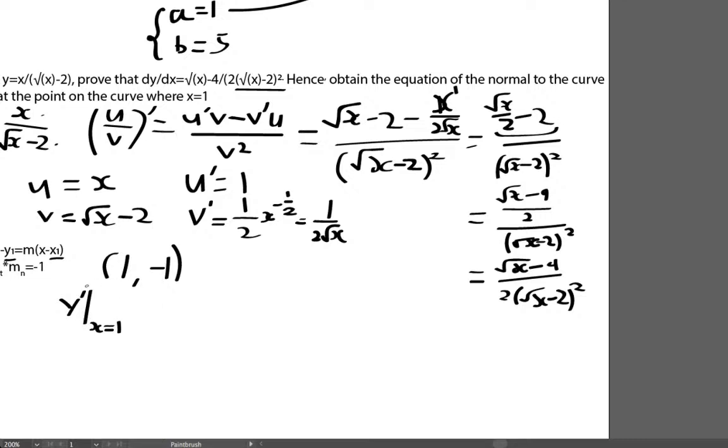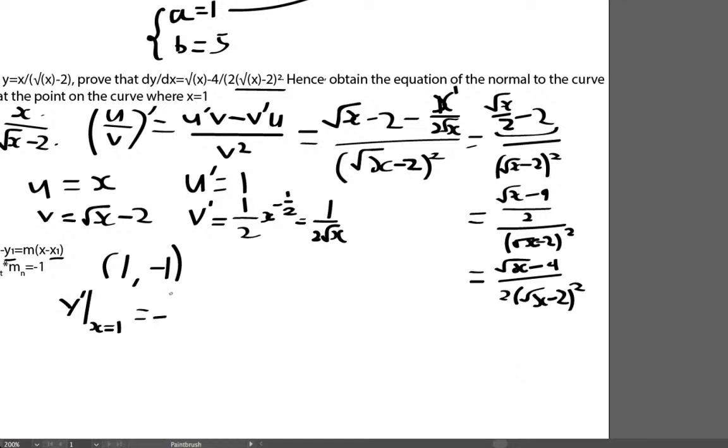This is something that I normally write, just to show that I know y is a function of x, but maybe you don't like to say y open bracket x close bracket. So I would just write this as y prime evaluated at x equals to 1. When you plug this number inside here, what you'll get is 1 minus 4, that's negative 3 over 2.